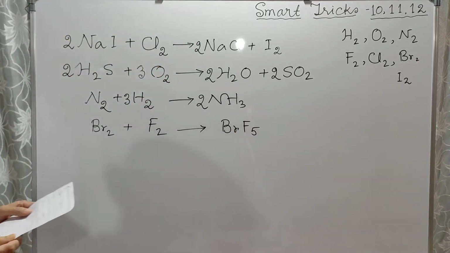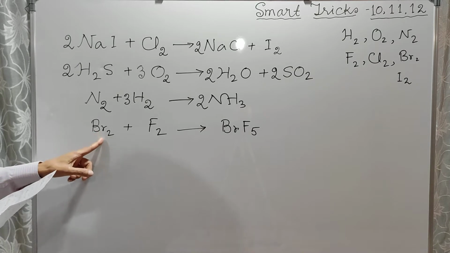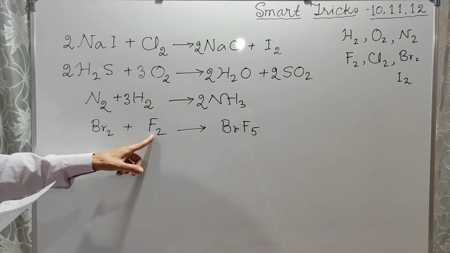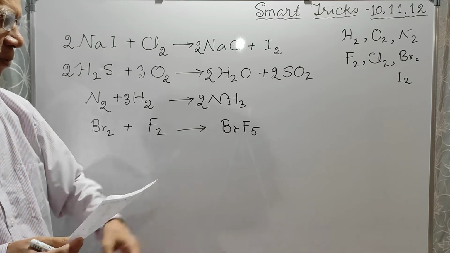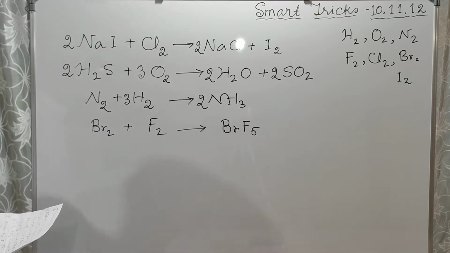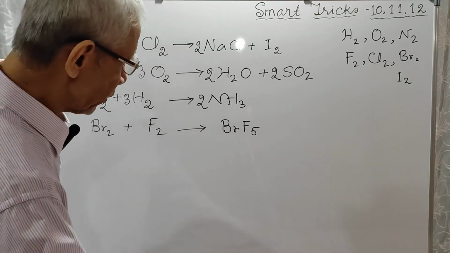So this is an uncommon product. So Br2, bromine, react with F2, fluorine, to produce BrF5. So pentafluoride.